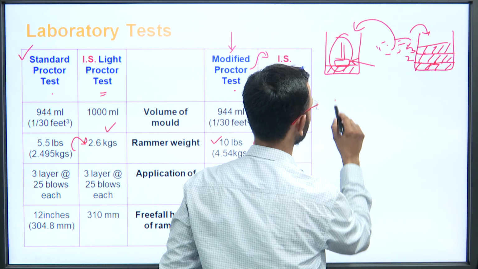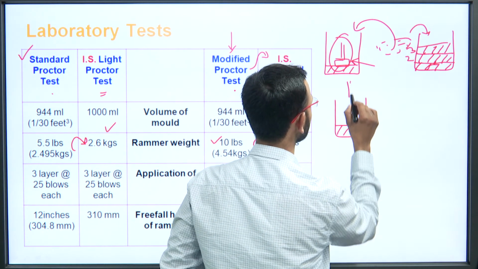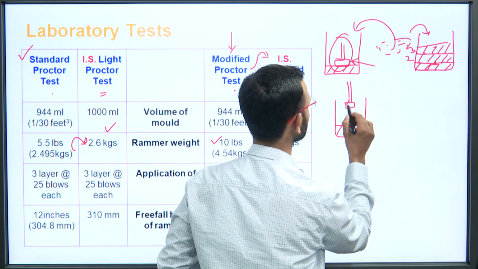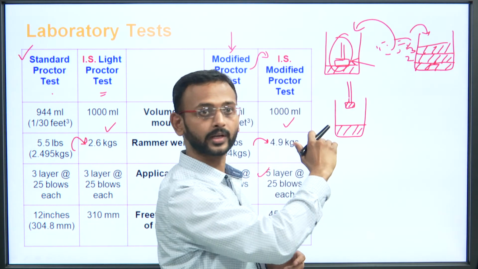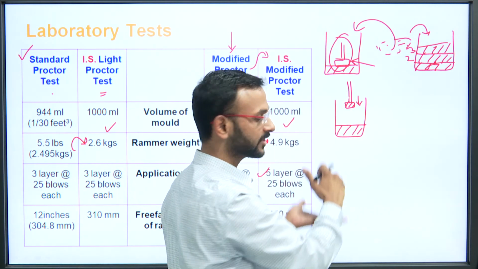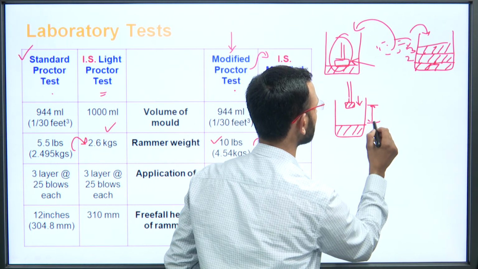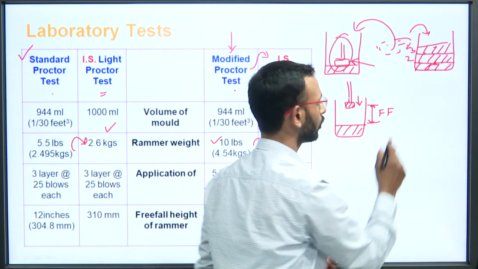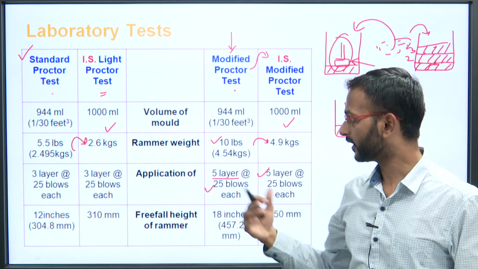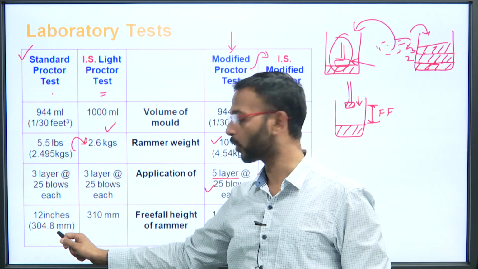Now this rammer has to be dropped from a height. When you take the soil and leave the rammer, some energy will be imparted to the soil. This height is the free fall height of the rammer, which in the standard Proctor test is 12 inches, that is 304.8 mm.